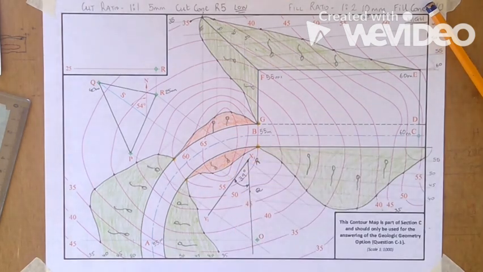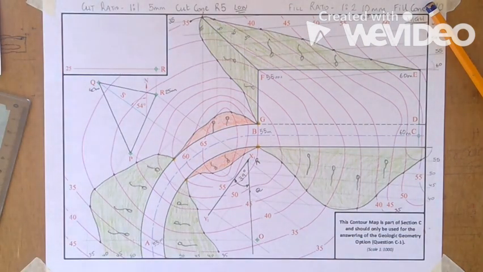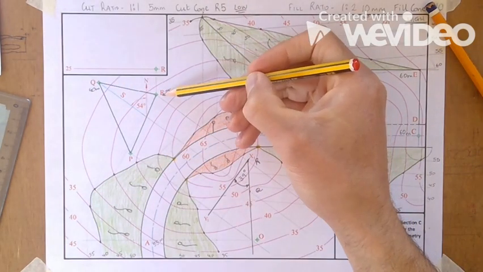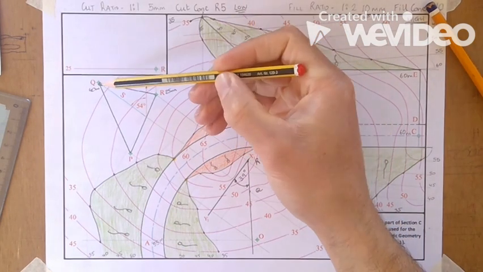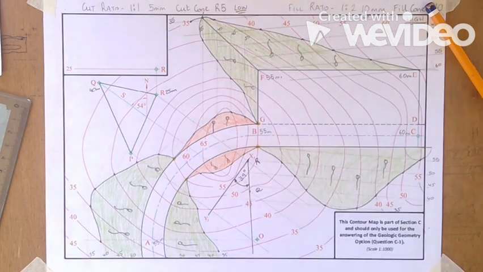Now, part 2 then says, find the altitude of P in the space provided at the top of the map. Draw the elevation of the triangular portion of the top surface of the stratum. Point R is already located for you in the elevation. So now we need to draw an elevation of that stratum of ore. We have the height of R, which is 25 meters. We have the height of Q, which is 40 meters. We still don't have the height of P, but that's what we need to work out.